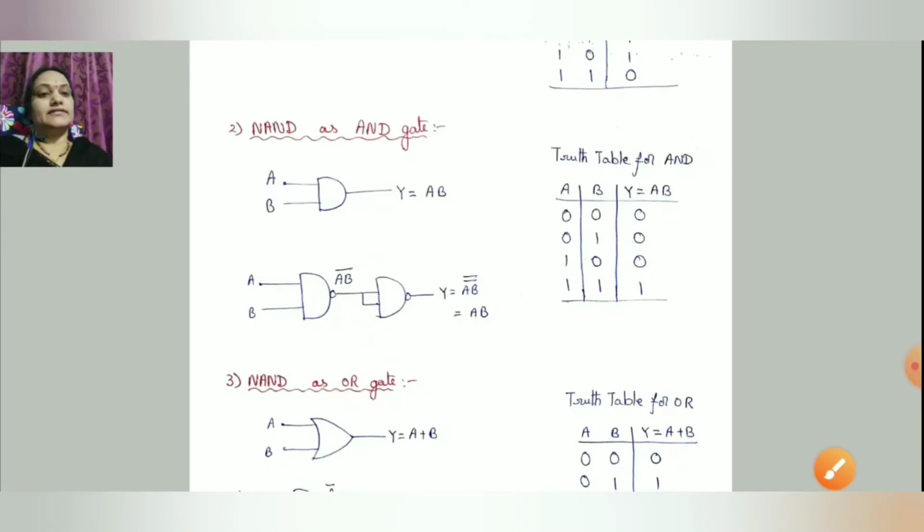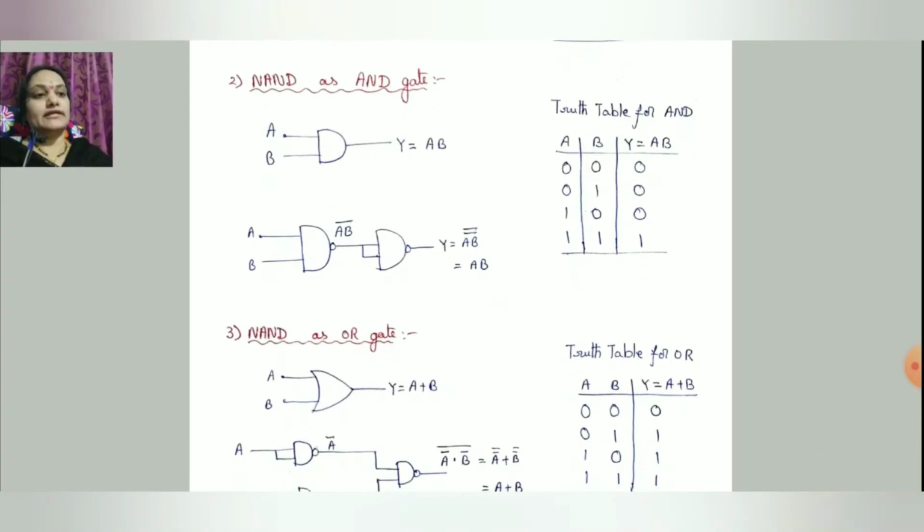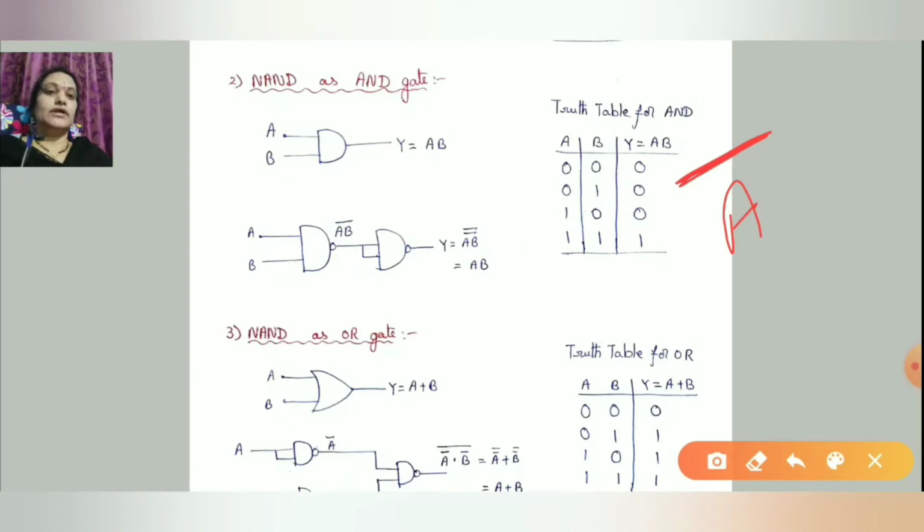And I again want to remind you that in order to get the complement of an input, suppose A is the input and you want A complement as the output, what you have to do is connect both inputs with each other.